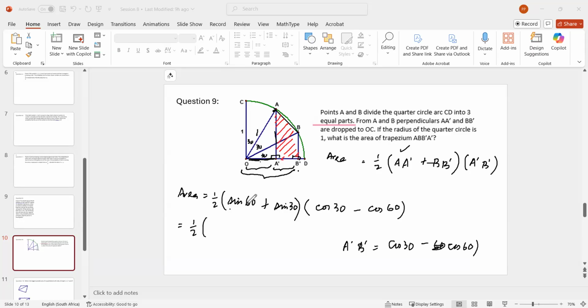Right? Sine of an angle is equal to the cosine of its complement. So sine of 60 is cos 30 plus sine of 30 is cos of 60. I'm converting everything to cos because I've got two coses here. So sine 30 is cos of 60. And this is cos 30 minus cos 60.